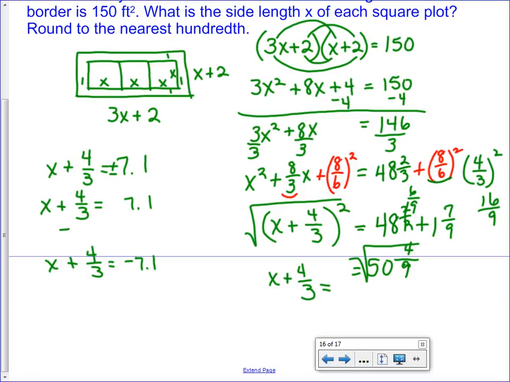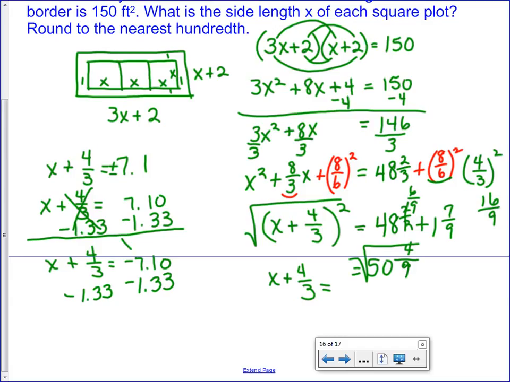As we subtract it from each side, we'll change it to 1.3, and nearest hundredth, let's add that 0. We'll make it 1.33. So we're going to subtract 1.33 from each side, and solve.